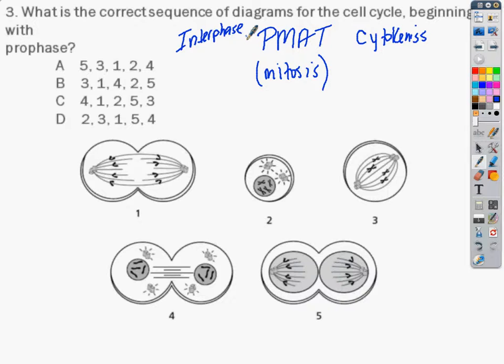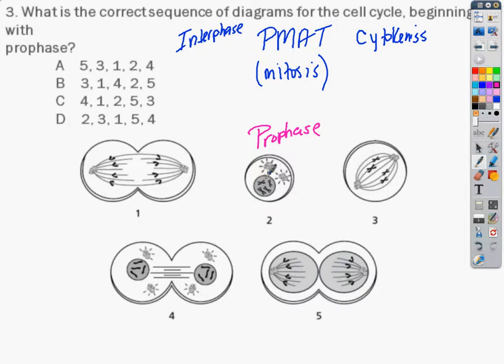Well, prophase, you should have a general idea, but prophase is going to be where you see the chromosomes and you have the nucleus, but it's sort of breaking down. It's one-celled. Well, so hopefully you understand that this is prophase.